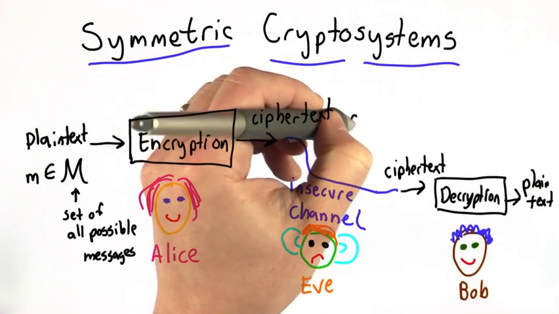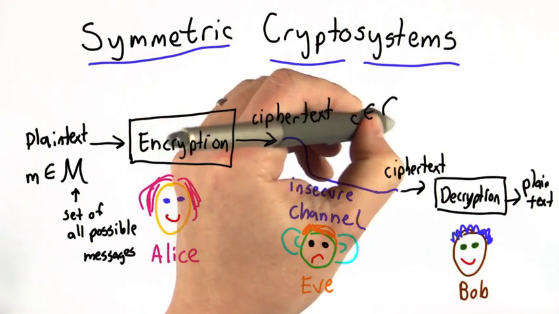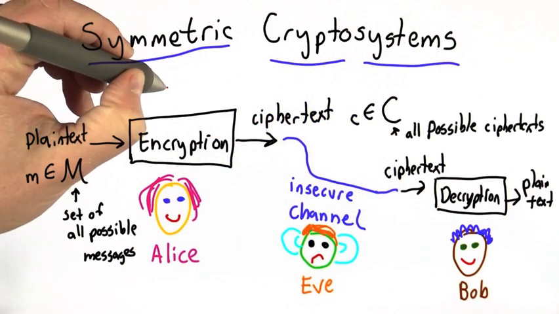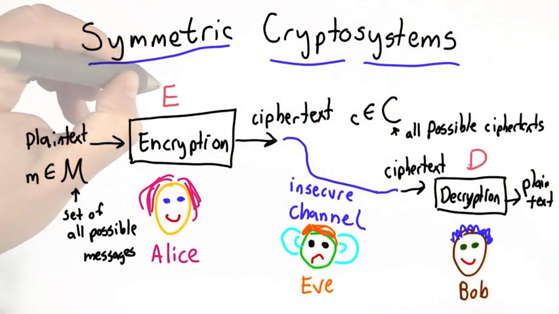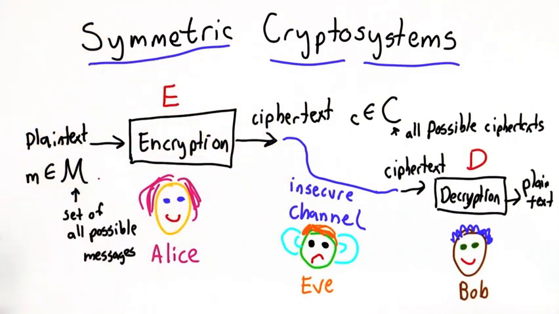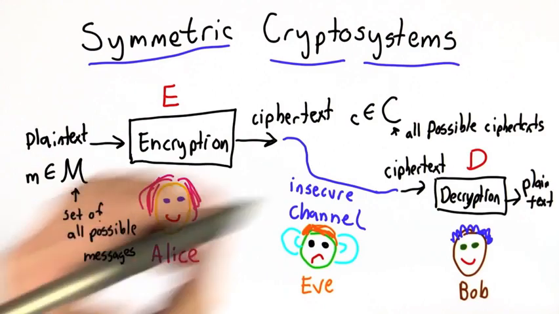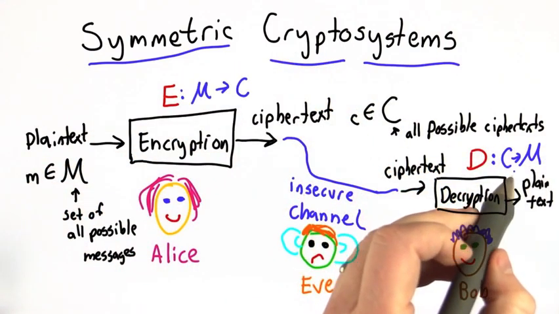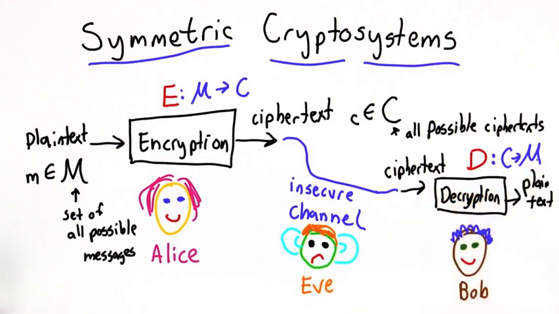The ciphertext is C, selected from the set of all possible ciphertexts. And the encryption and decryption functions are functions. The encryption function, as shown here, is a function that goes from an element of M to an element of C. The decryption function goes from an element of C, a ciphertext, to an element of M.